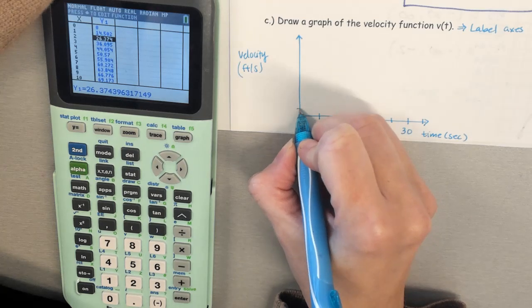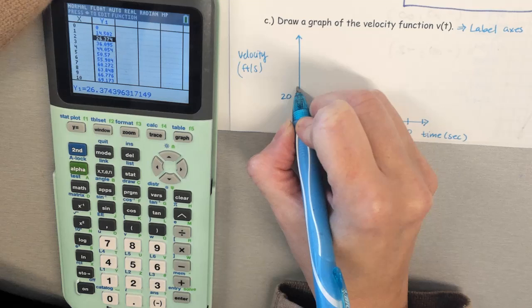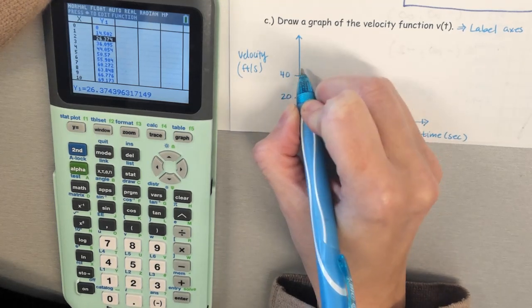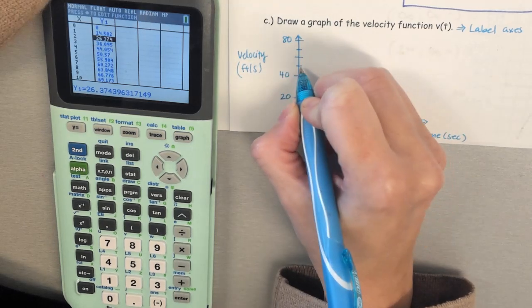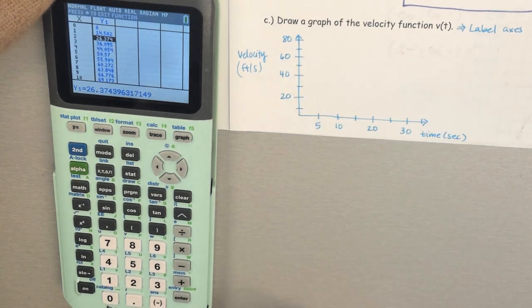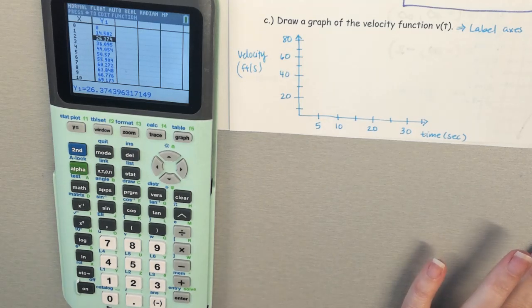And again, you can choose what you want your scale to be. I'm going to go by 10, so 10, 20, 30, 40, 50, 60, 70, 80. Okay, and then we're going to plot our points. I'm going to do this in pencil.